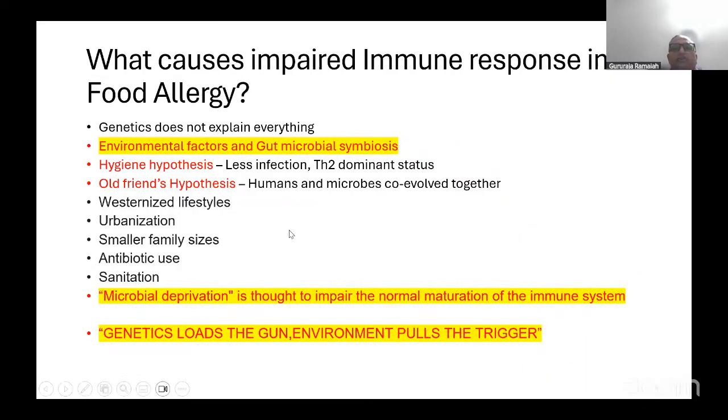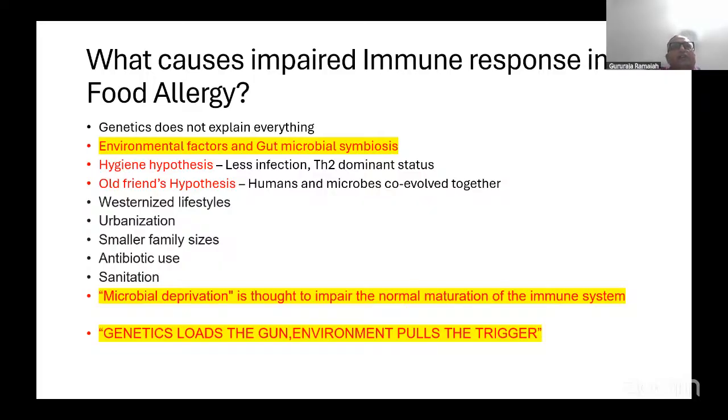So what causes impaired immune response in food allergy? We have so many factors. Do genetics explain everything? No, it is not the case in allergy, food allergy particularly.